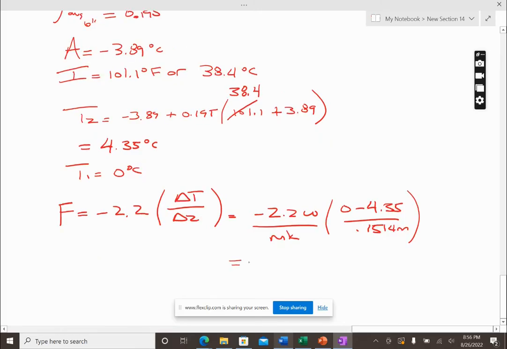And what we get is negative 2.2 times negative 4.35 divided by 0.1514, 63.2.